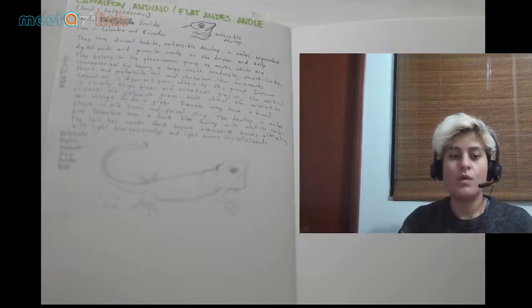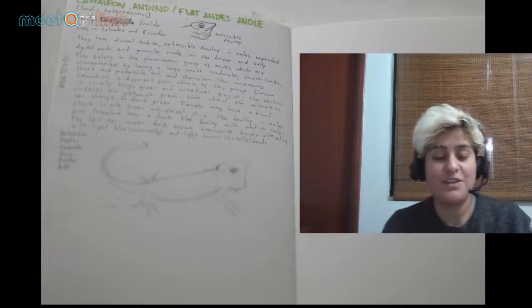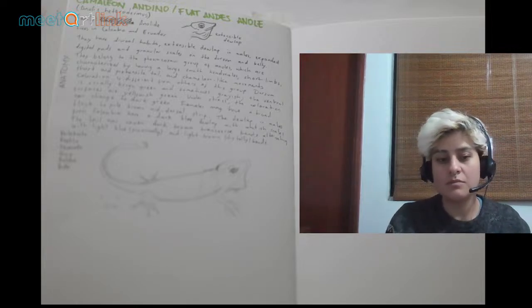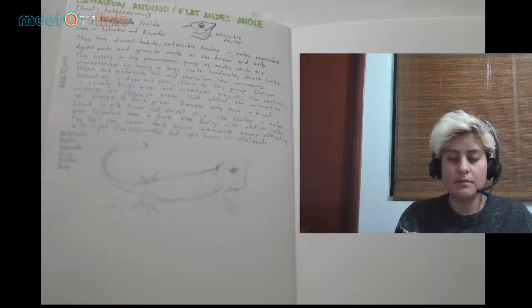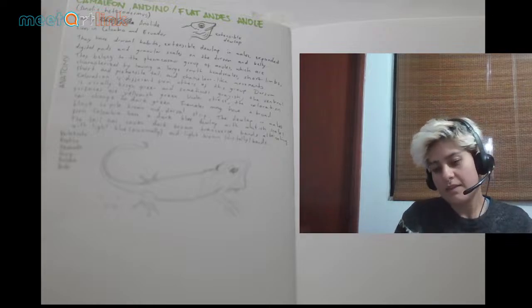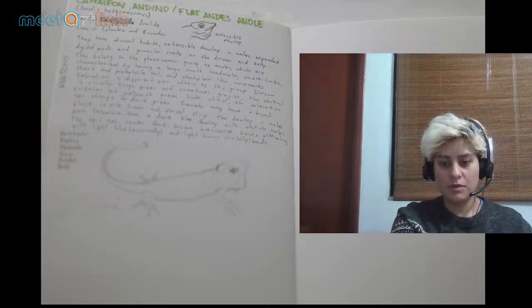Then what I did, besides looking for the information about how their anatomy works, was I also looked at some taxonomical stuff. The taxonomy maybe is not super important to know, but maybe it's just something to keep in mind.